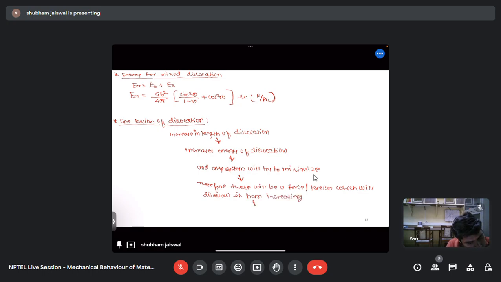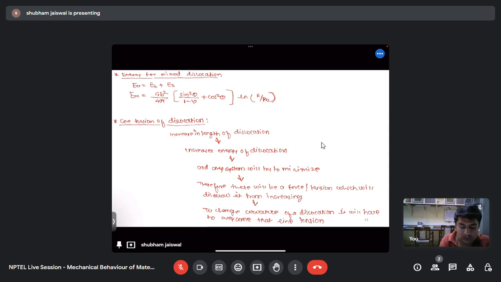So if we want to change its curvature or length, it will have to overcome that line tension.